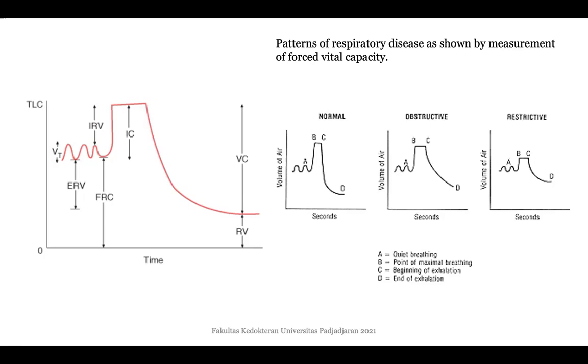But you can see the really small amount, only 2 liters rather than the 3 liters of the normal person. So if you look at the actual volumes measured, they're both smaller, but the ratio is still 80%. So the FVC is decreased, but the ratio is still normal.